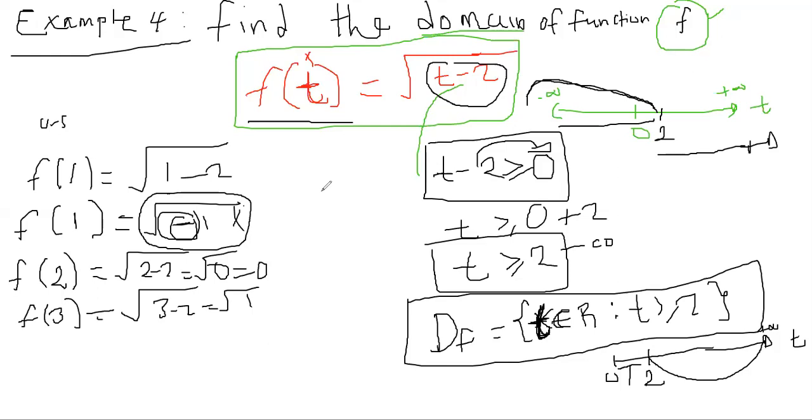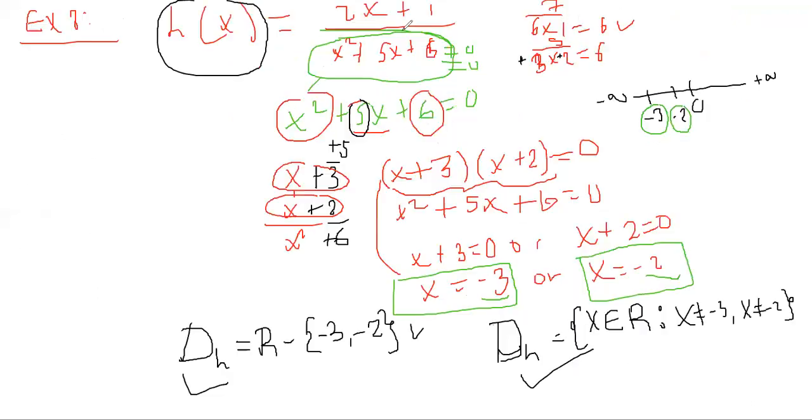So this brings us to different scenarios where you can find the domain of a function, but the takeaway from finding the domain of a function is this. If it is a square root or it is a fraction, then you have to exclude some numbers.